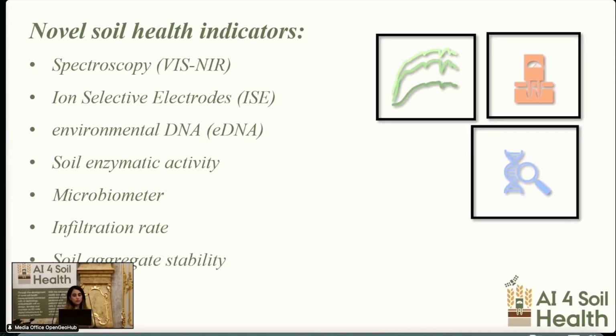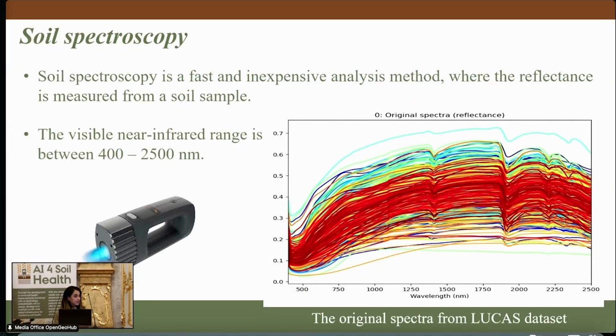So I'm going to give a list of novel soil health indicators that we are trying in some of our pilot sites and in our fieldwork. Of course, we could also try sound, but maybe in the next fieldwork. The first one is spectroscopy, which you already know about because Jose talked about it as well.